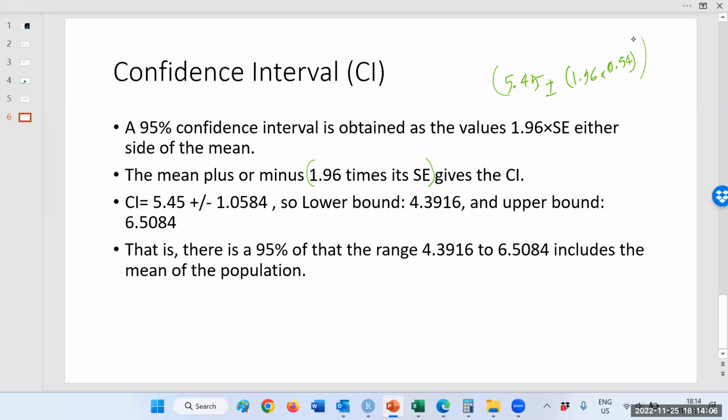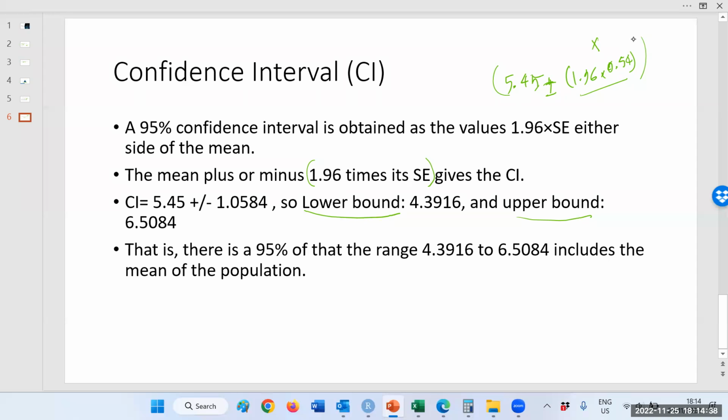This is basically your 95% confidence interval. This value I've already calculated, and let's call this x. Now, 5.45 minus x gives you what we call the lower bound, and 5.45 plus x, the plus sign, gives you the upper bound of your confidence interval. So this is how you can also write it.